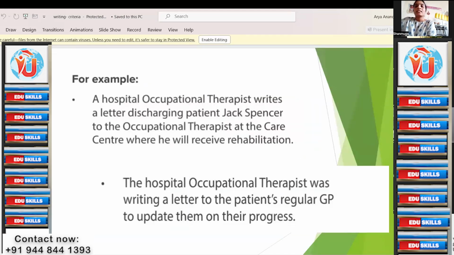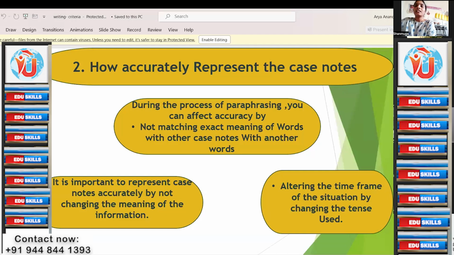That was for the first example. And for the second example, here you can see in the second part, we have selected the case note now, and how accurately you are representing the case note is also important. If you are collecting relevant case notes, but when paraphrasing your case note into different sentences or using different time frames, it will lead to confusion, and the whole scenario will vary, so the reader will have questions.